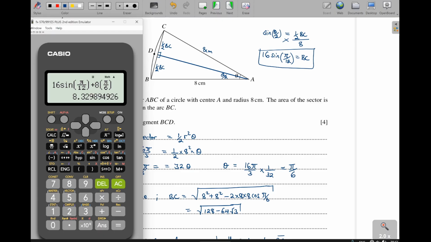We get the same answer. You see that? In other words, if I take away this arc part, the answer I get is 4.141. How about when we say the square root of 128 minus 64 root of 3? Do you see that we get the same? So that is that.